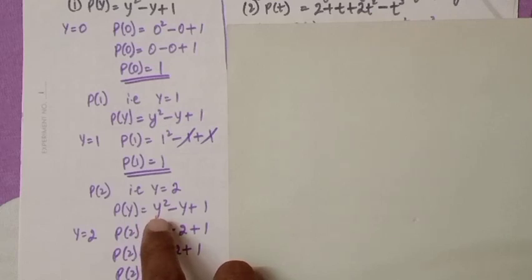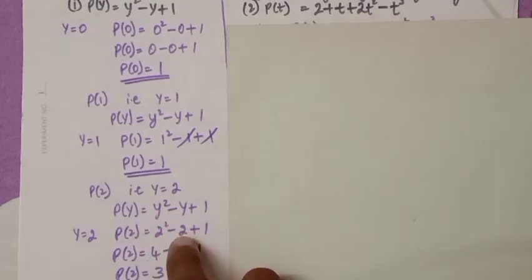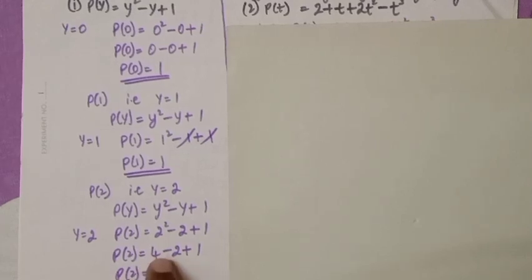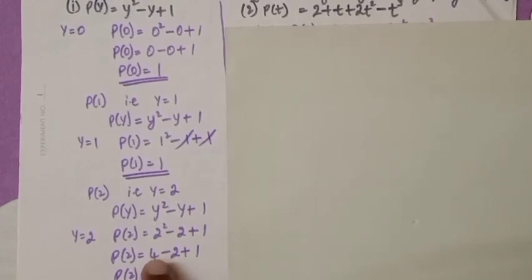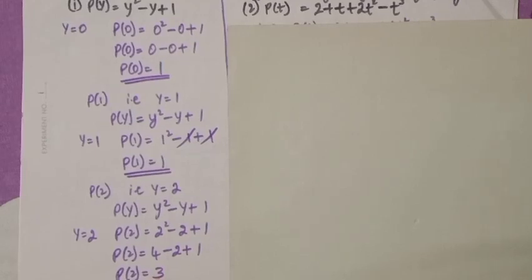Here in place of y square we should write 2 square minus, in place of y we should write 2 plus 1. So p of 2 is equal to 2 square is 4 minus 2 plus 1. So p of 2 is equal to 4 minus 2 is 2 plus 1 is 3. So p of 2 is equal to 3.